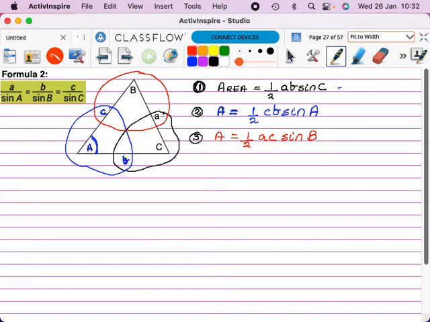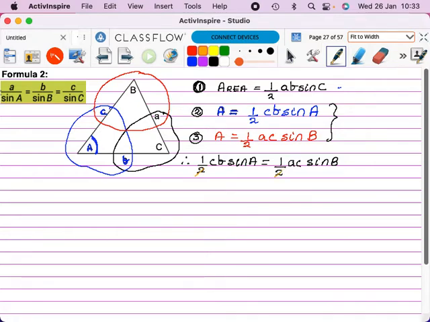So I can pick two of my equations, and I'm going to pick 2 and 3, and I know, because it's the same triangle, that both areas are equal. So since area is preserved, I can now write down, therefore, 1/2 of CB sine A must be equal to 1/2 of AC sine B. I can then move this on by cancelling the 2's on both sides.